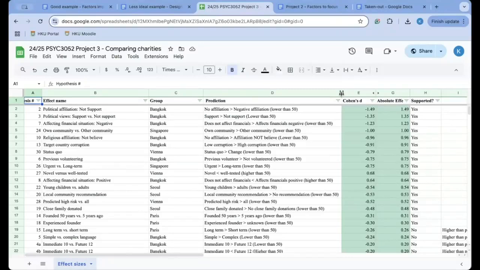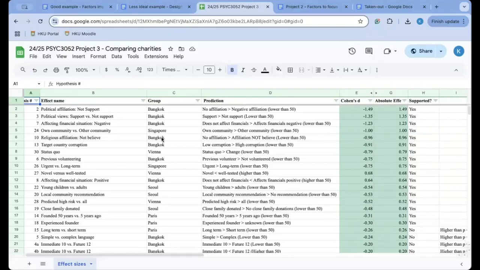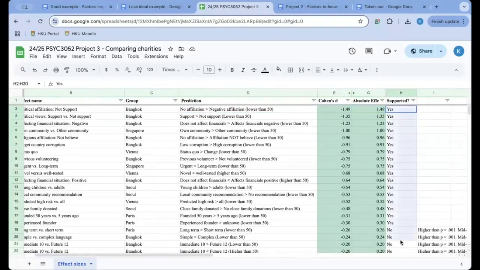This is what the Google sheet looks like. We included the effect name, the group who proposed the factor, their hypothesis, the effect size confidence interval, the absolute effect size, and whether or not their hypothesis is actually supported.